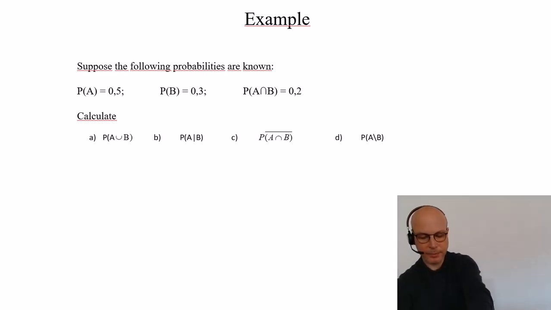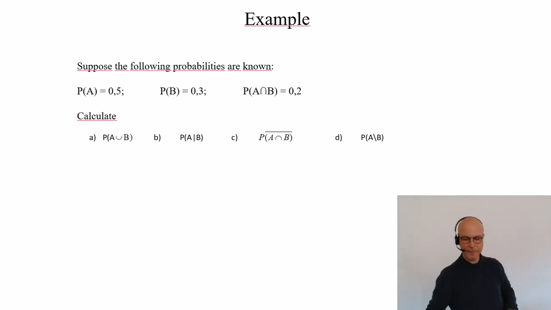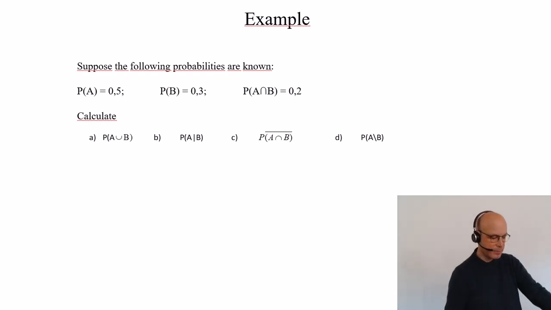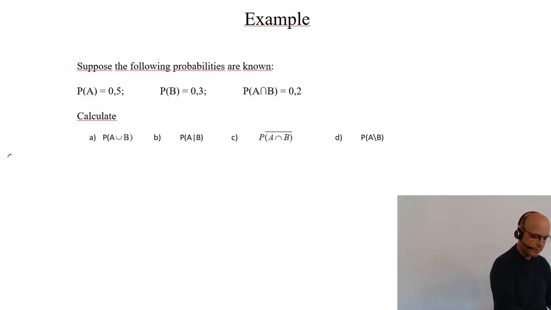Given the probability of A is 50%, probability of B is 30%, and probability of A and B is 20%. What is then the probability of A or B?